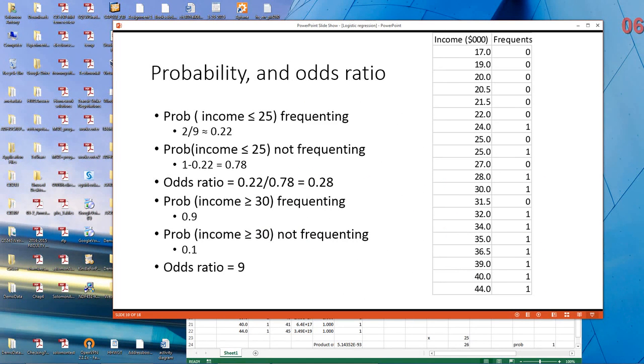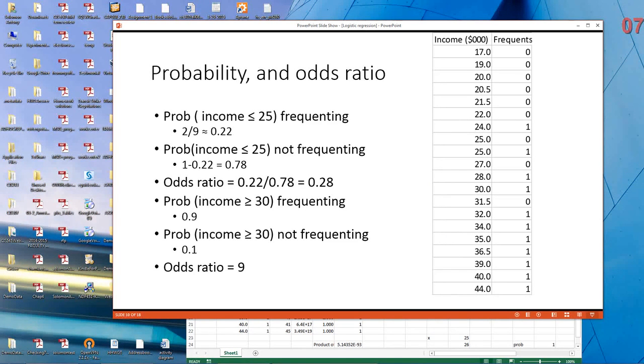If you just purely look at the data, between 0 and 25 there are 9 observations. Of these 9 observations, only 2 are ones, so the probability is 0.22. And the probability of not frequenting is 1 minus 0.22, which is 0.78.